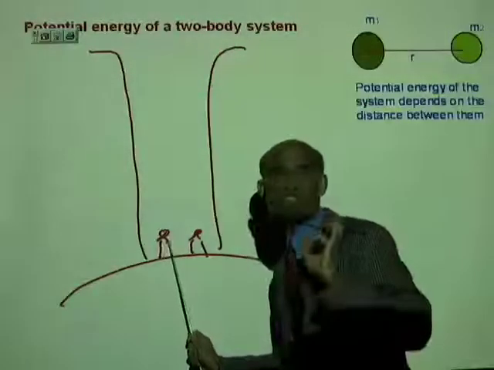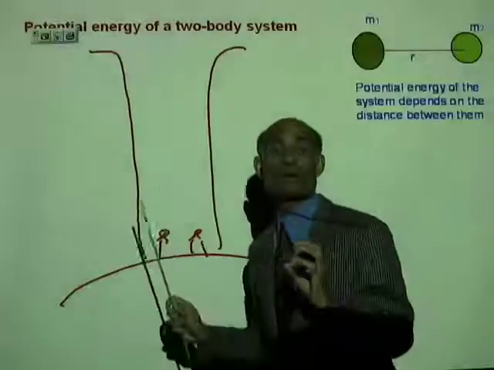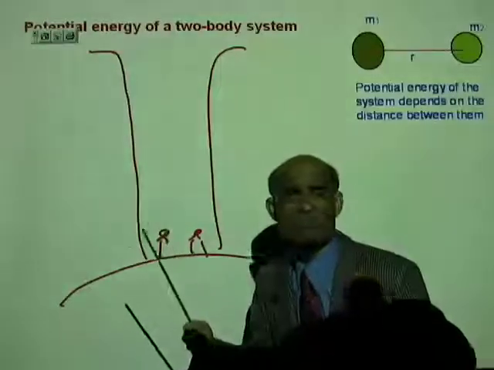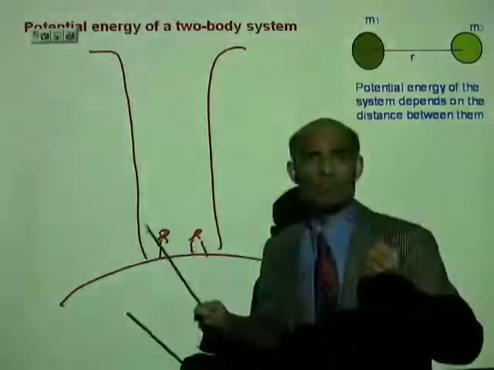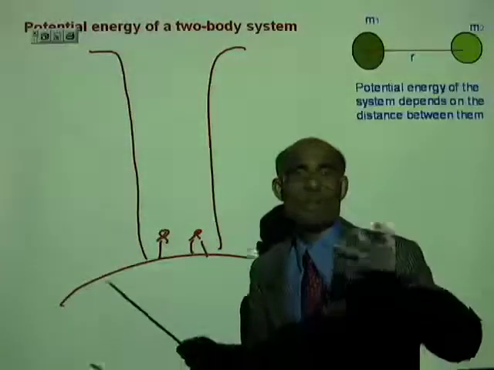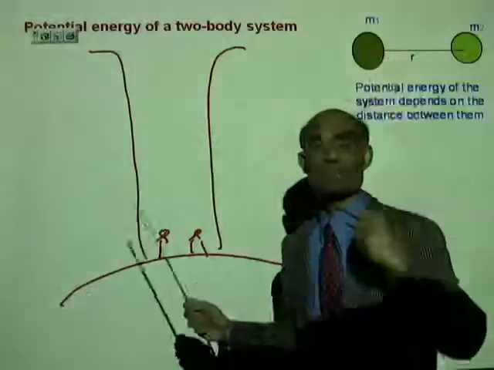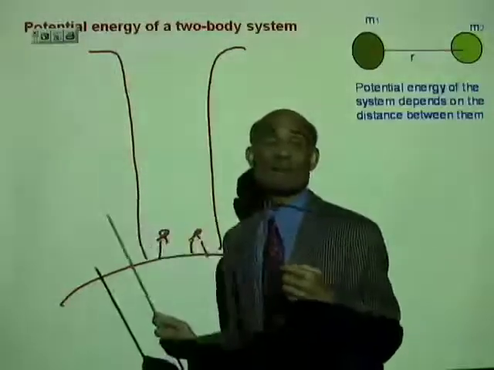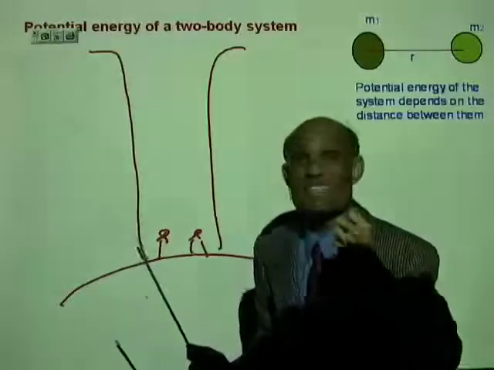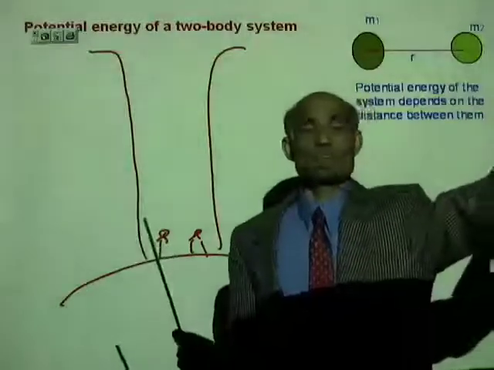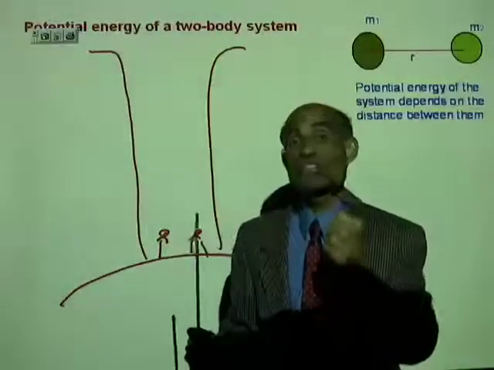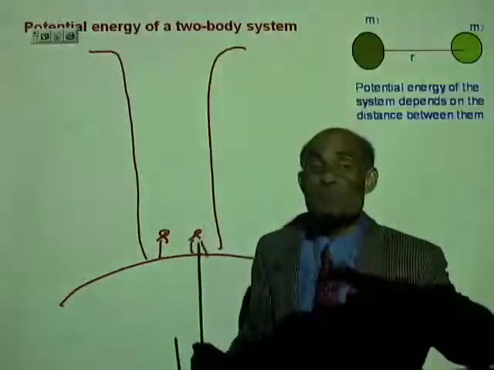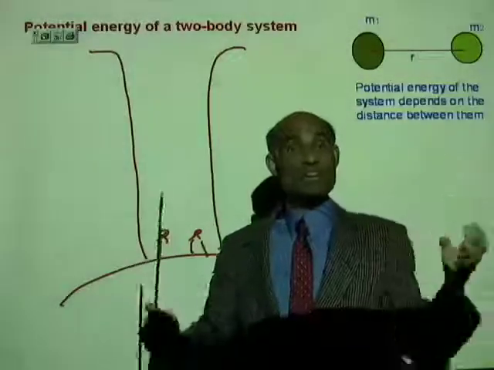If I want to jump out of this well, what must be the velocity of my jump? What must be the velocity with which I jump so that I can get out of this well? That velocity is called the escape velocity. In other words, the velocity needed to escape the Earth's gravitational field.